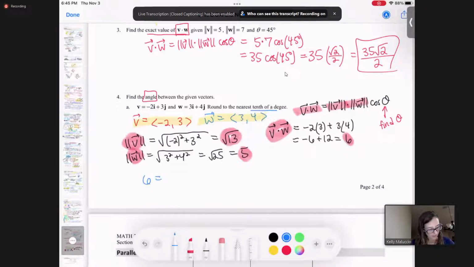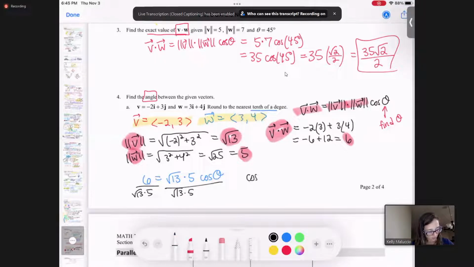I'm just going to set 6 equal to square root of 13 times 5 times the cosine of theta, which means I'll start by dividing both sides by square root of 13 times 5. Maybe I won't rationalize here, just because we're putting this in the calculator anyway.